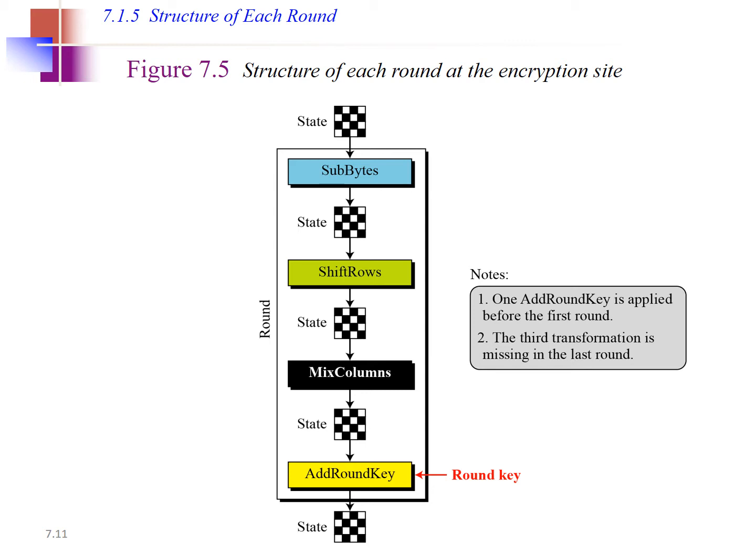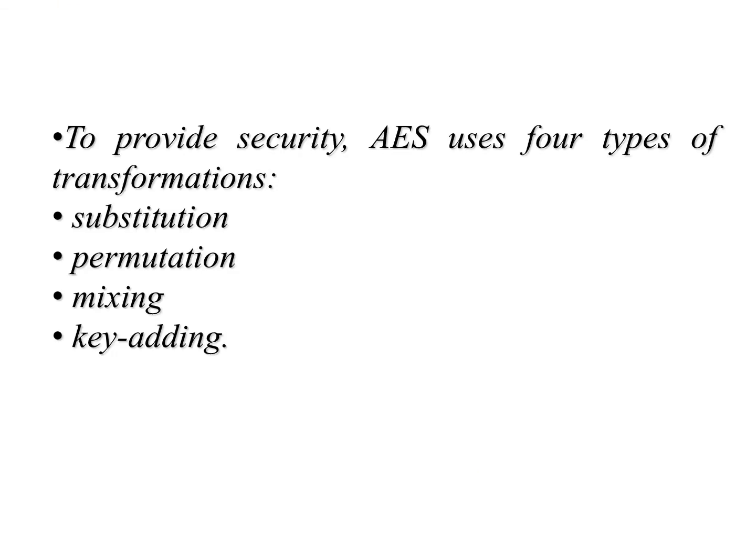That's why we are showing the state matrix in between. In substitution bytes we are doing a substitution operation. In shift rows we are doing a permutation operation. In mix columns we are doing a mixing operation, and the round key will be added to the plain text.